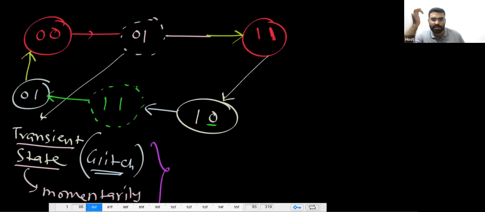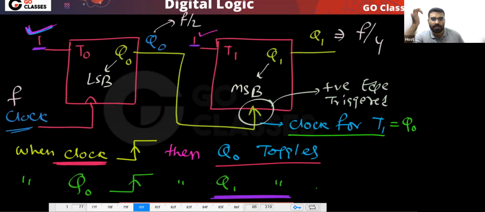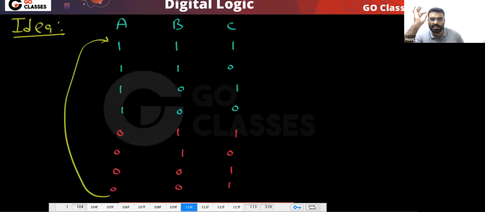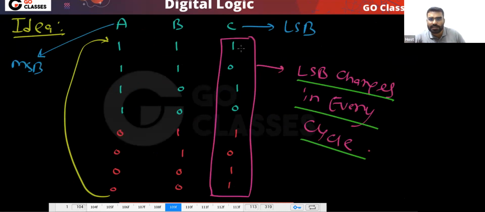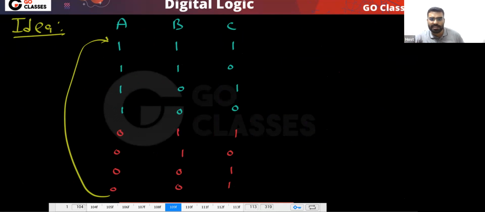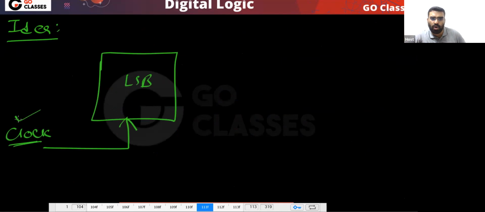Did you think, sir, why are we not connecting the clock to MSB? Now did you understand why I am connecting the clock to LSB? Because you can notice the LSB changing in every cycle: cycle 1, cycle 2, cycle 3. In every cycle the LSB changes.